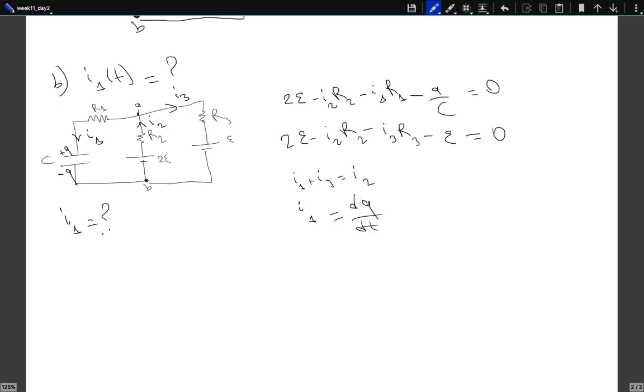What would you propose we should do? So we will combine the third and second equations.